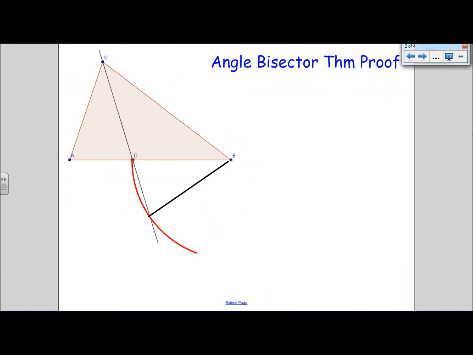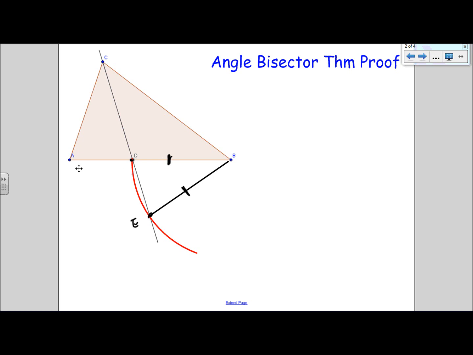We'll call this point E. Every point on this red line is equidistant from B. So E is equidistant to B, and so is D. Those two lengths are congruent. That's a pretty nice relationship.